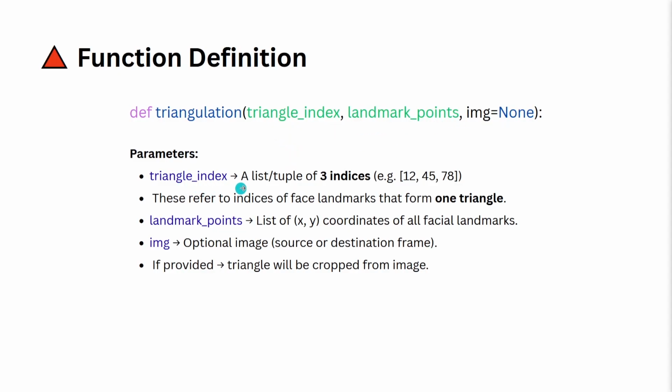Triangle index is a list, or otherwise a tuple, of 3 indices, and these refer to indices of face landmarks that form one triangle. Then comes landmark points. It is a list of coordinates of all facial landmarks, such as x and y axis coordinates. And last we have image. It is optional. If we provide the image, then the triangle will be cropped from the image.